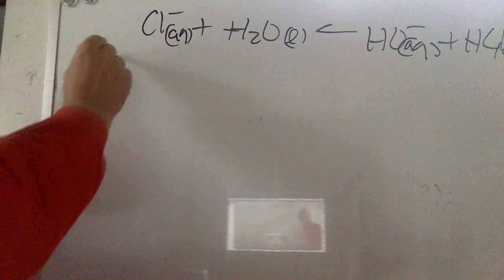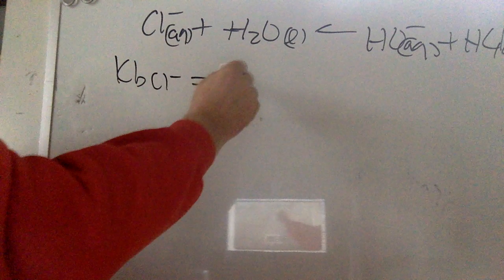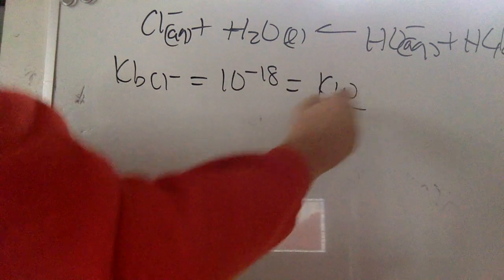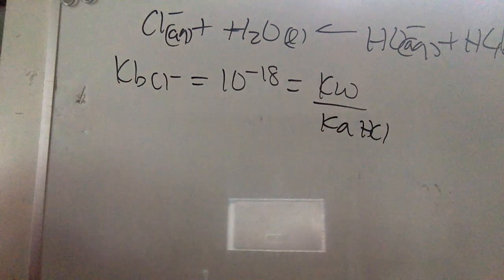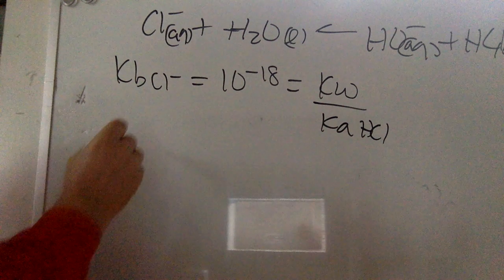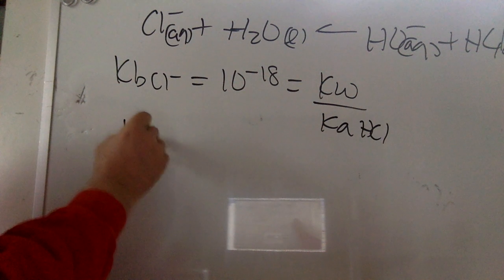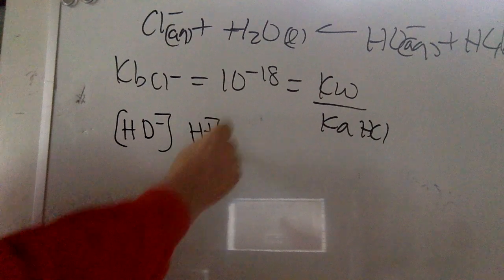And we suggested the Kb for chloride ion was in fact 10 to the minus 18. And we said it was related to the Kw divided by the Ka for HCl, which is the conjugate of the chloride ion. And we said that the Kw is hydroxide ion times hydrogen ion.